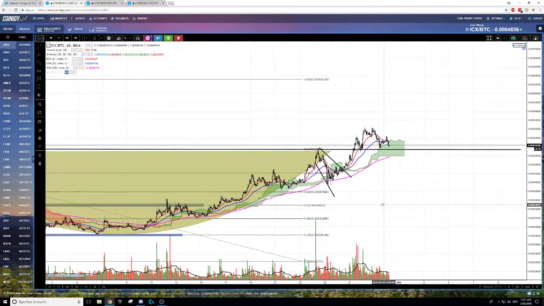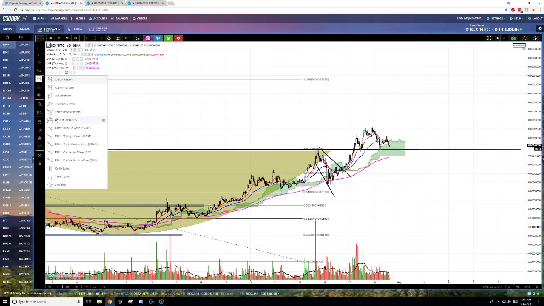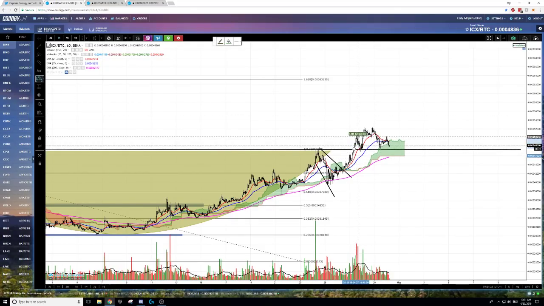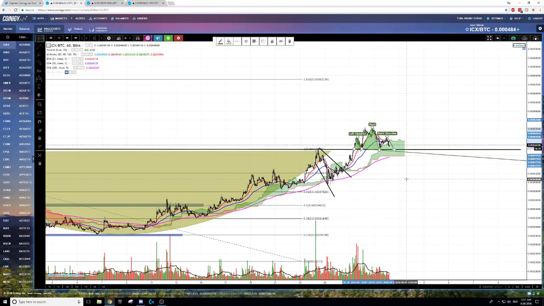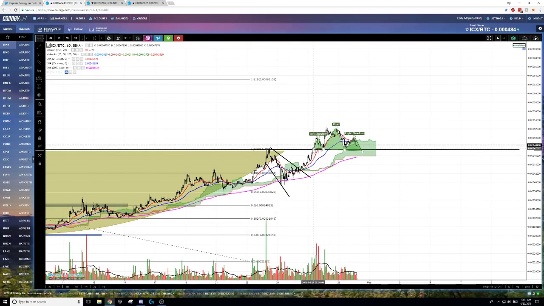The bearish case is that this is a head and shoulders pattern. Pretty easy to see, but you can't say it's a head and shoulders pattern until it breaks out past the neckline.